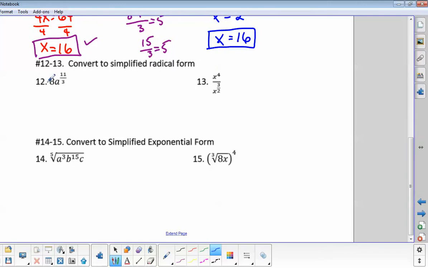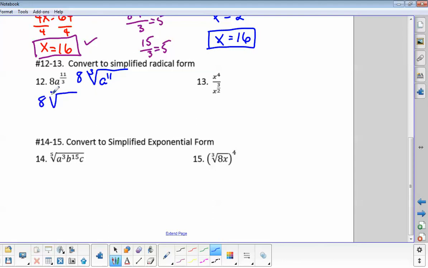Alright, 12 and 13, convert to simplified radical form. So first we're going to convert it to radical form. The 8 doesn't have an exponent, so it stays out of the radical. And for the fraction, it's power over root. So your root is 3, and your power is 11. Now you want to take as many a's out as you can, so I'm going to split it up.